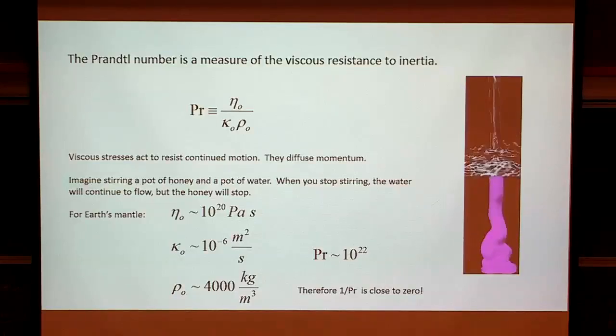If you stir a pot of water and take your hand out, so you have no more force on it, the water is still going to stir around in that pot. And that's just due to the inertia, the momentum. If you have a very viscous fluid, all of your momentum is being dissipated or diffused by friction very quickly.